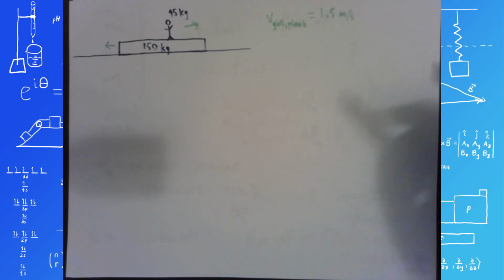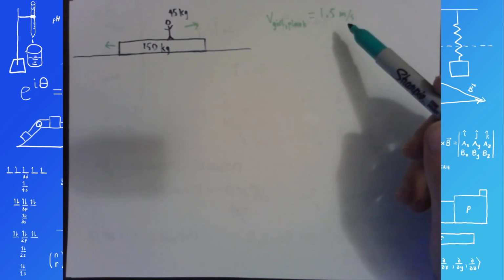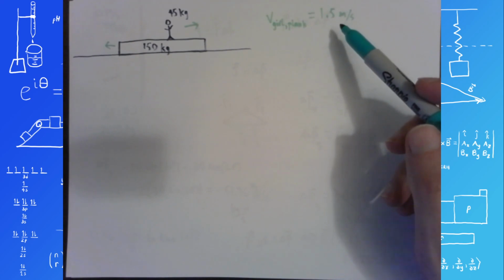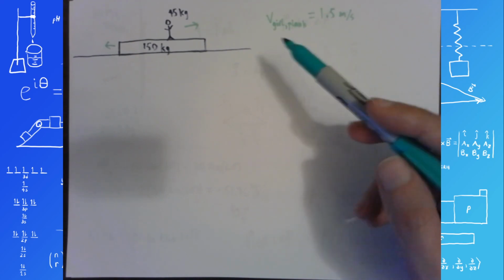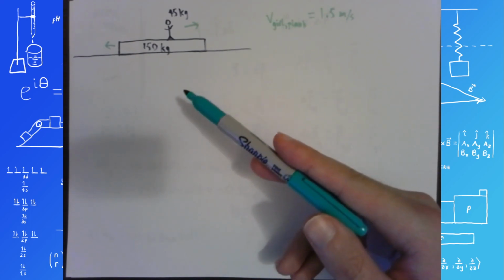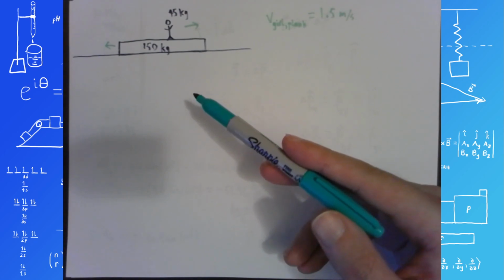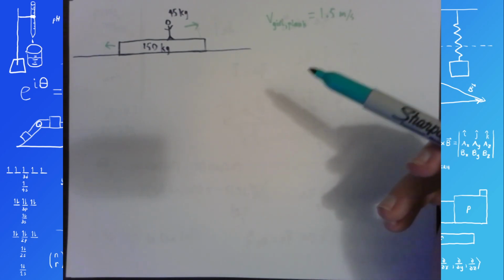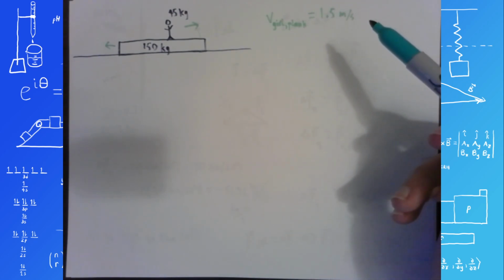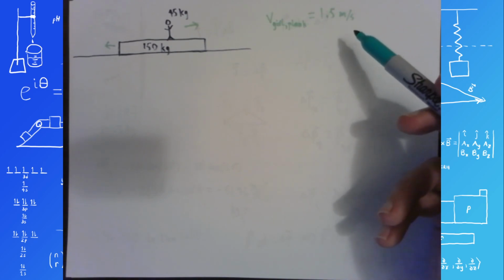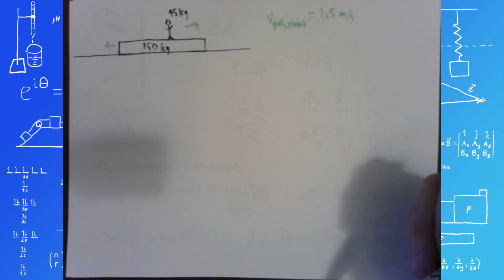The girl isn't actually moving at 1.5 meters per second. She's moving at a little bit less than 1.5 meters per second, but because of the plank moving back, it feels as if she's moving at 1.5 meters per second, because she is crossing 1.5 meters worth of plank every second.